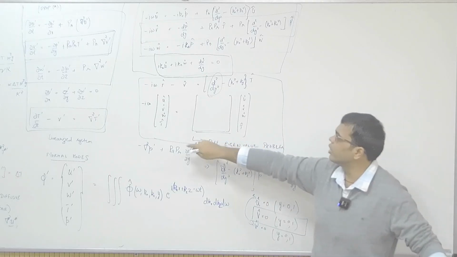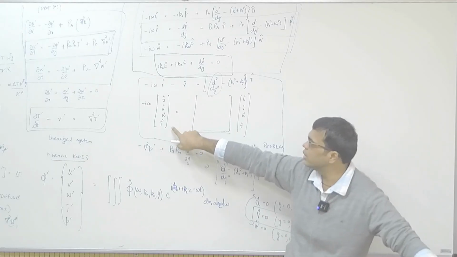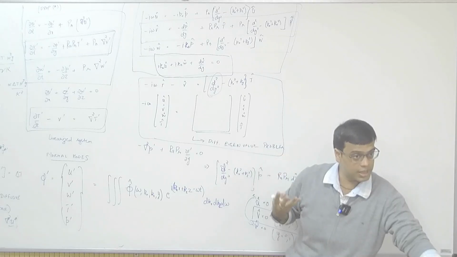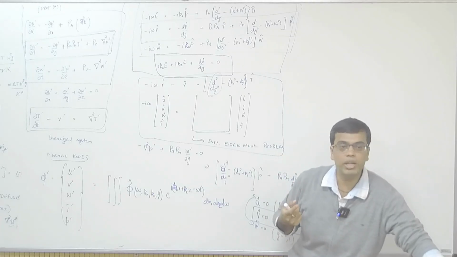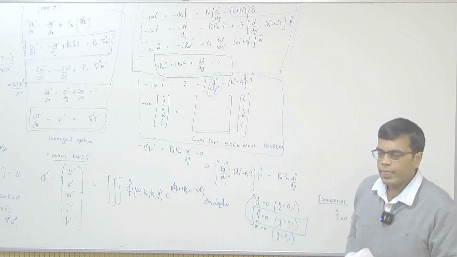So, if you think about it, in this system, since you asked the question, I haven't included anything about continuity, but that is there. Where does continuity play a role in eliminating pressure using this? Okay.